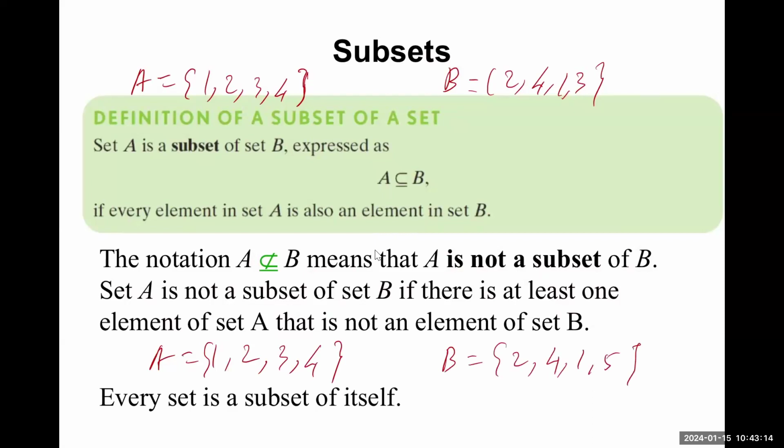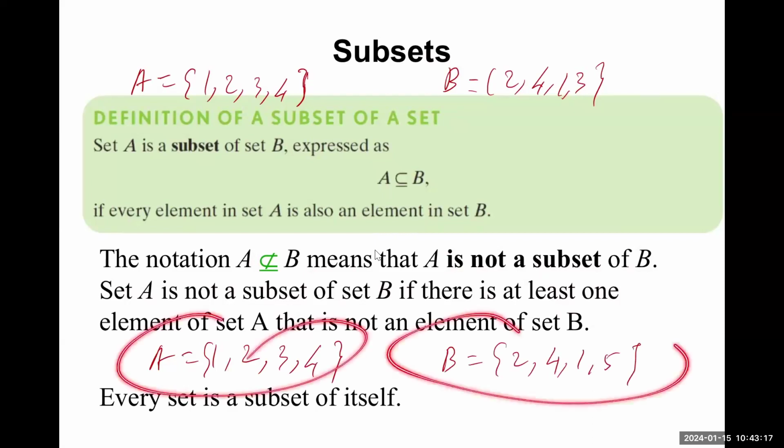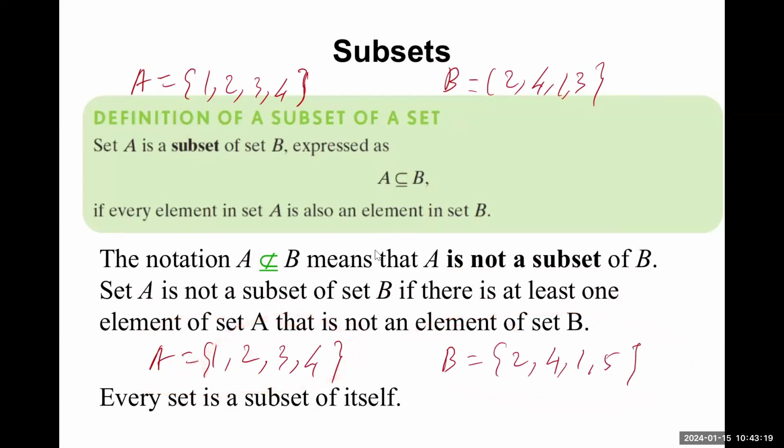Here A cannot be a subset of B because one of its elements is missing in B.